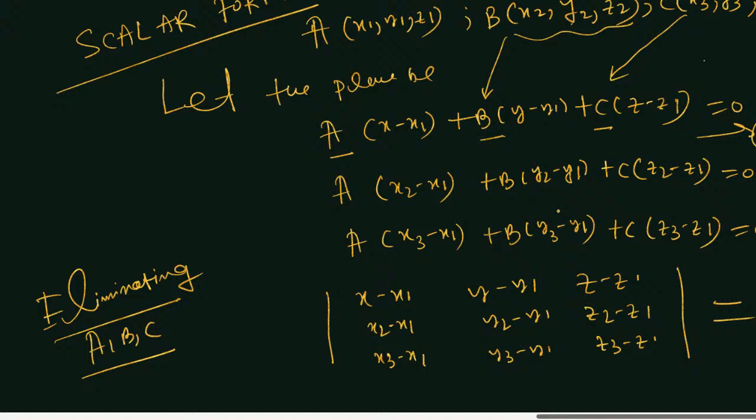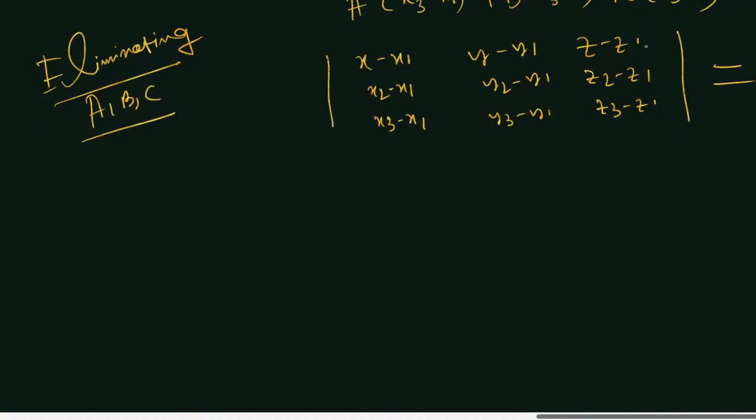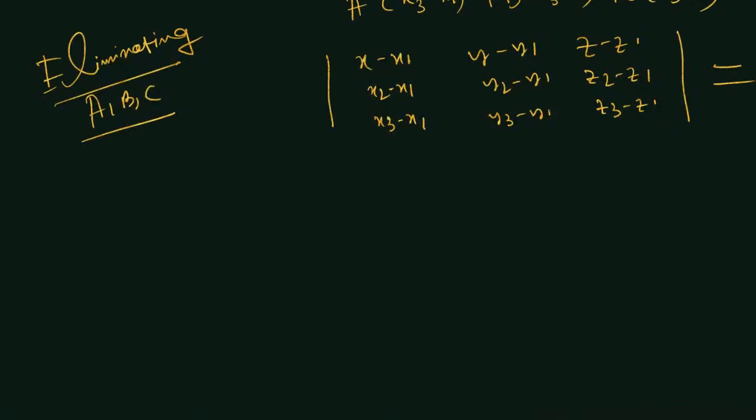So let us solve one problem based on it. Write both scalar and vector form of the equation of a plane passing through 3 points. We'll do it.